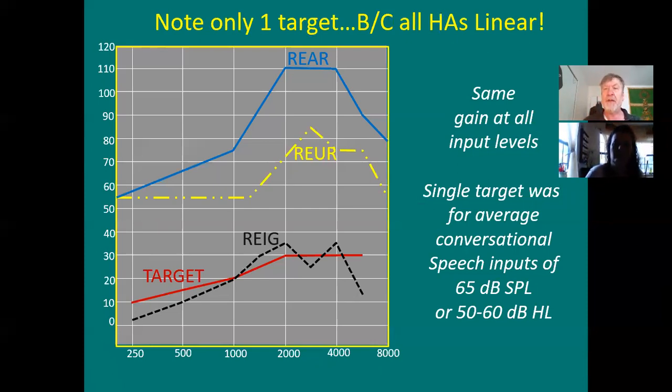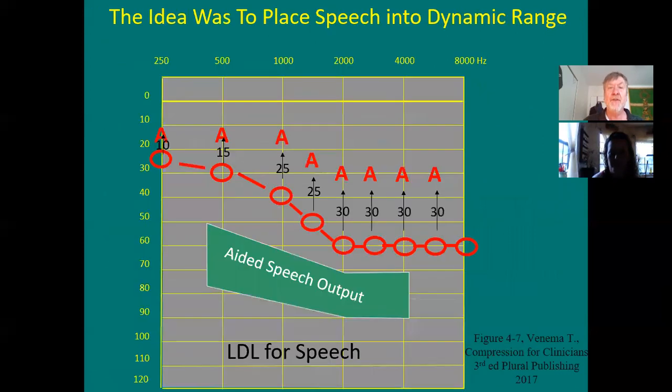I will repeat, it is the target gain you wanted for average speech inputs. Just like this is the target gain you wanted for average speech inputs. Same. Everything was based though on average inputs. 65 dB SPL, okay? Or 55 dB HL, either one. You're looking at the gain that's desired for average inputs.